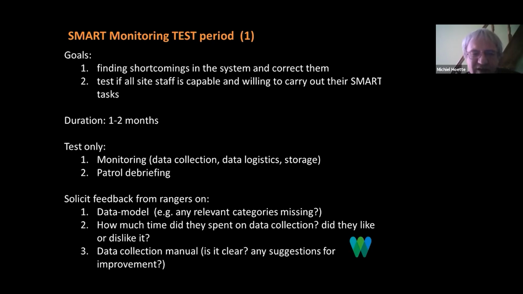And something about the data manual that you prepared for them. Is everything explained in the manual clearly? Do they have any suggestions for improvements? Basically what you set out to do during the test period is to find any kinks in the system, things that still require improvement.